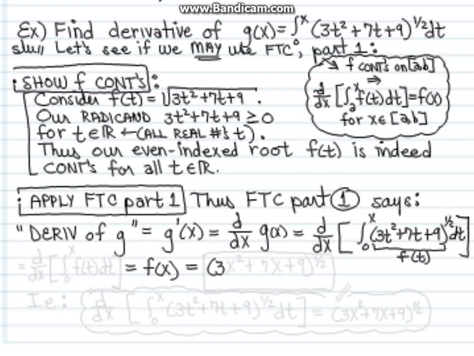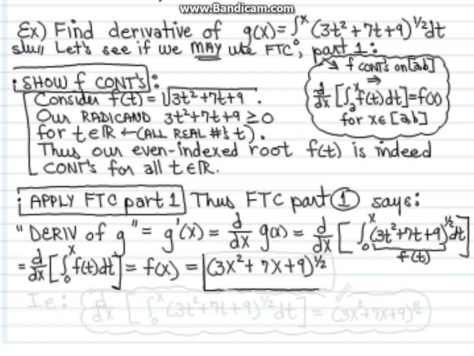Oh, because that's what it says in the cloud. That's the fundamental theorem. Specifically what it says is it's equal to d dx of the integral from 0 to x, or I should say a to x, f of t dt. Okay, so that's (3x squared plus 7x plus 9) to the 1/2 power. Wait a minute. What did we just do? We showed that the little f in the given integral, the integrand, the function that's being integrated, is (3t squared plus 7t plus 9) to the 1/2 power.